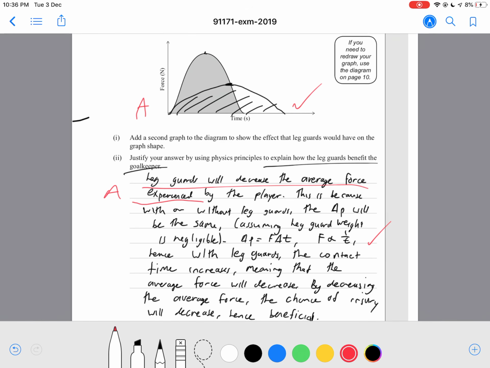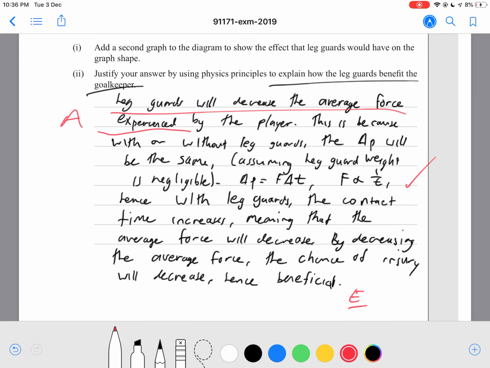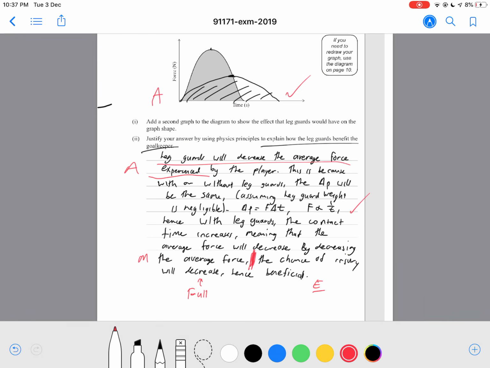For a merit, I'm thinking you have to draw the graph correctly as well as mention that F changes with time, so increasing the contact time, but without the injuries part. If you stop here, you probably just get a merit. Another way to get a merit is potentially writing the full explanation but missing out on drawing the diagram correctly.